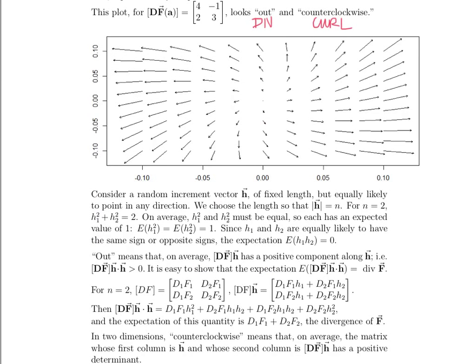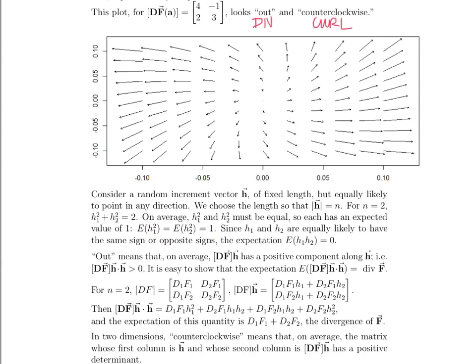Now consider a random increment vector h. It's of fixed length, but it could be pointing in any particular direction. We're going to choose the length so that the length of h, this increment vector, is fixed. It's going to be n. So for n equals 2, h1 squared plus h2 squared, the two components of this increment vector, will be equal to 2. On average, h1 squared and h2 squared should be equal, so each has an expected value of 1, which we've just restated here.